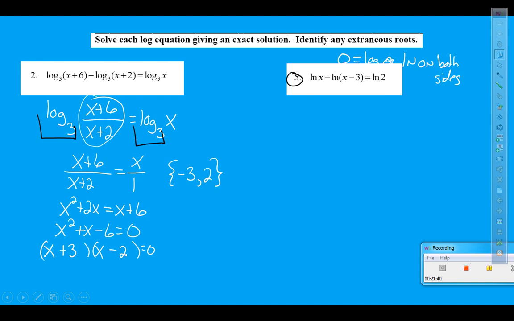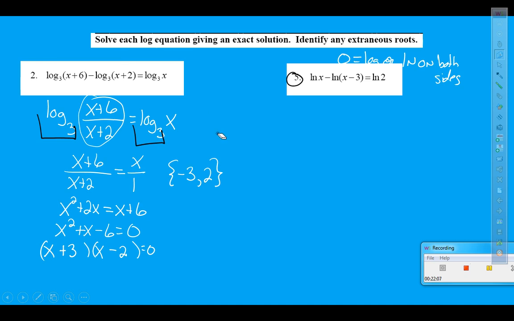Okay, but now here comes a little loophole. You cannot take the log or the natural log of a negative number. So if I plug negative 3 right here, you're going to try to take the log of a negative number. Your calculator is going to give you an error if you want to try. Also, if I plug negative 3 here, I'm going to get a negative number. This is called an extraneous solution.